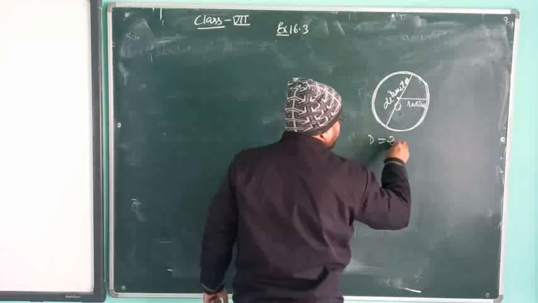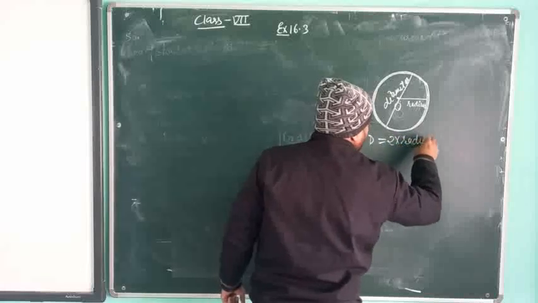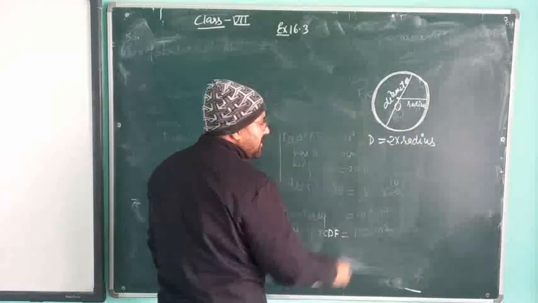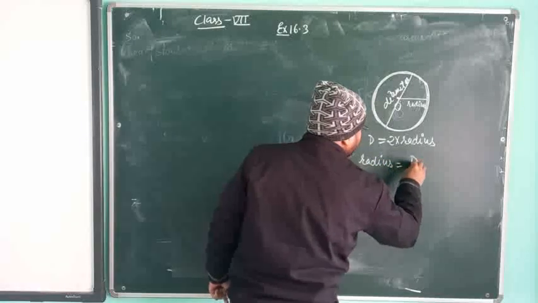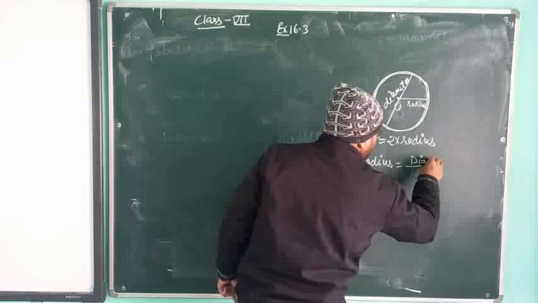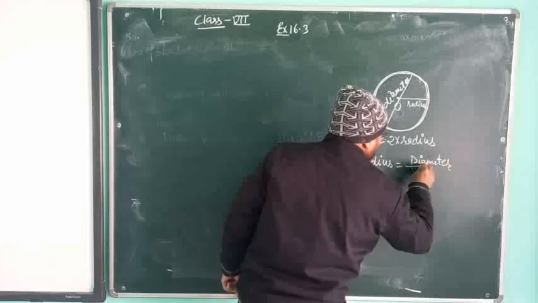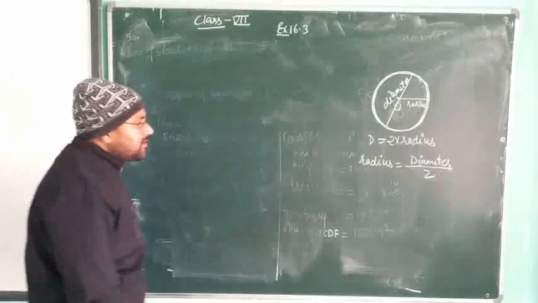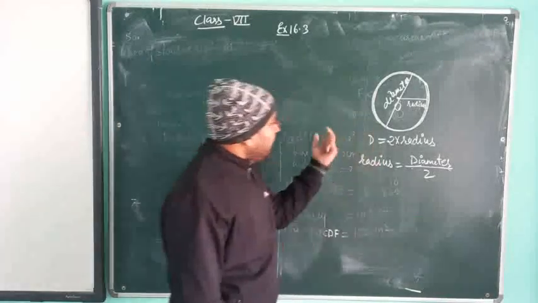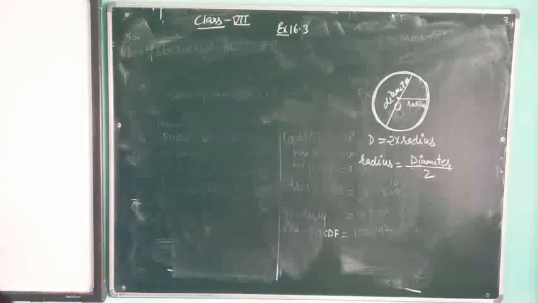Diameter is 2 times the radius, and radius is half of the diameter, diameter by 2. If the diameter is 20, then the radius is 10 centimeter, 10 unit. If the radius is 5, then the diameter is 10 unit.